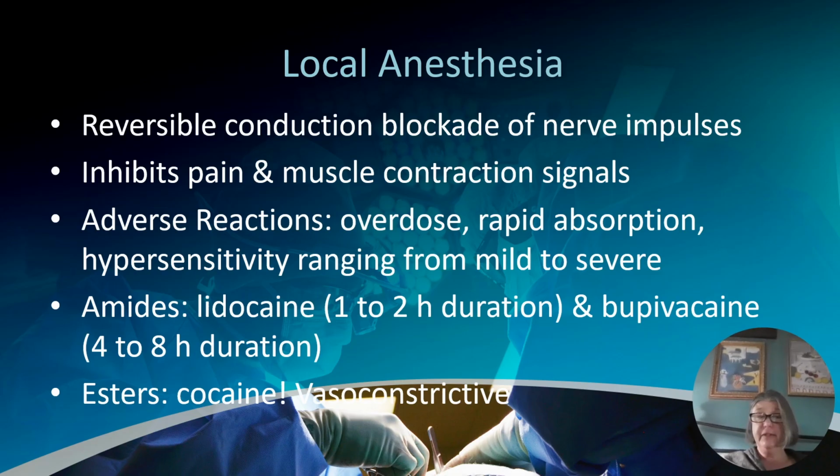The anesthetic diffuses into the nerves, inhibits the propagation of signals for pain and muscle contractions. Some reactions you may have are like hives, itching, rash. And then of course, severe would be anaphylaxis, which obviously is bad.